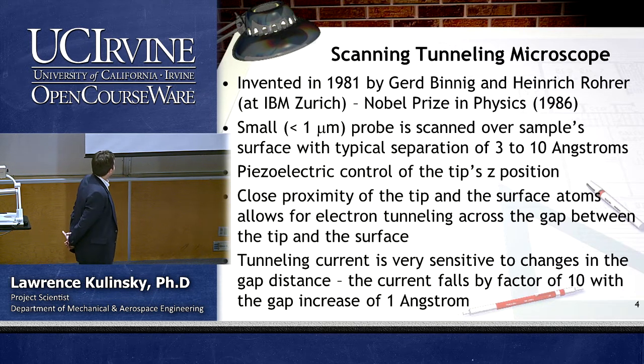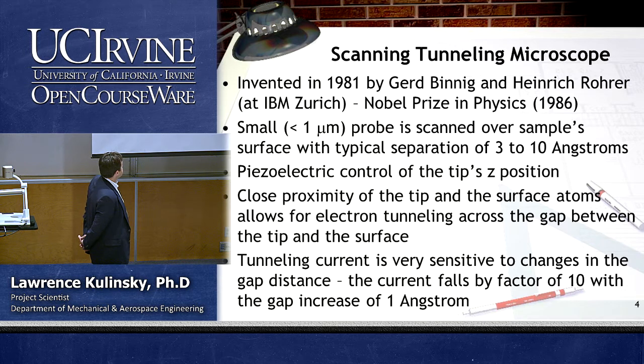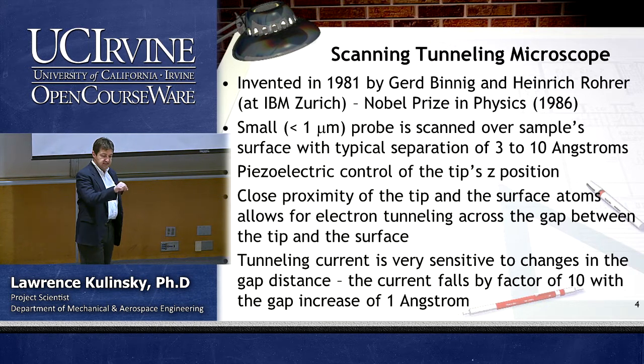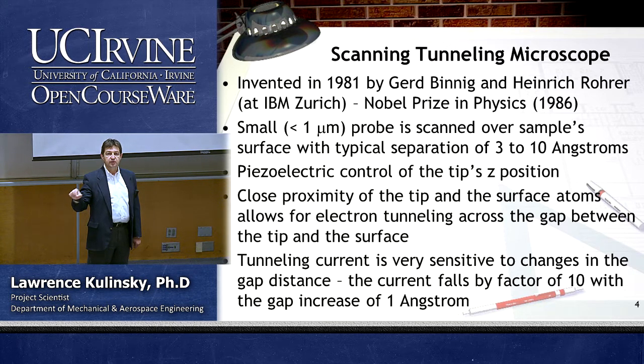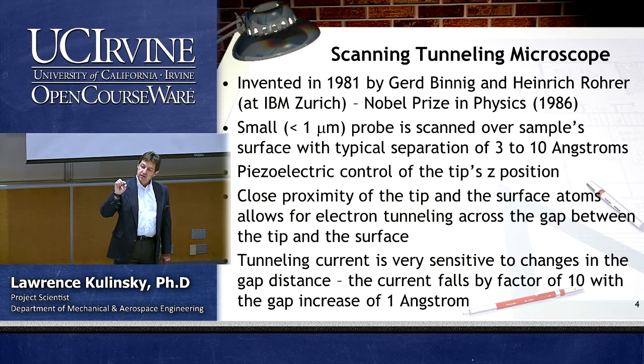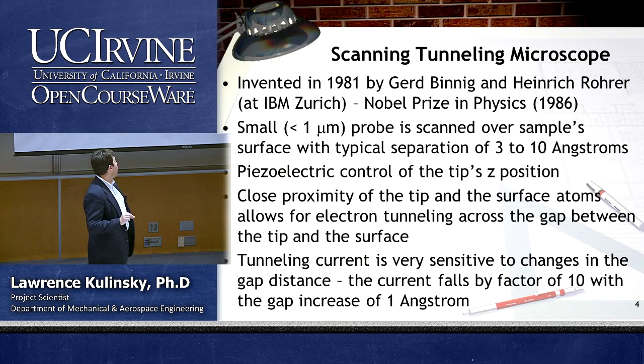So what is a scanning tunneling microscope? It uses a small, less than 1 micron probe that is scanned over the sample with a very small gap between 3 and 10 angstroms.